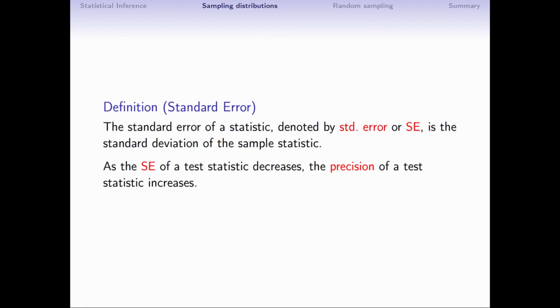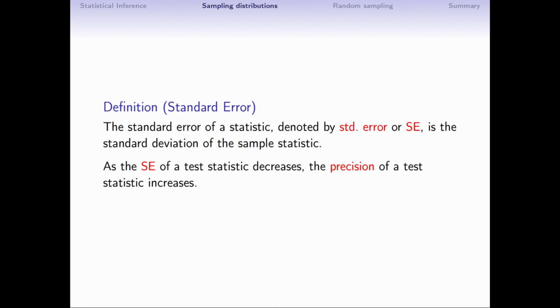The standard error of a statistic, denoted by SE, is the standard deviation of the sample statistic. It's the standard deviation that we see in our dot plot. As the SE of a test statistic decreases, the precision of a test statistic increases.